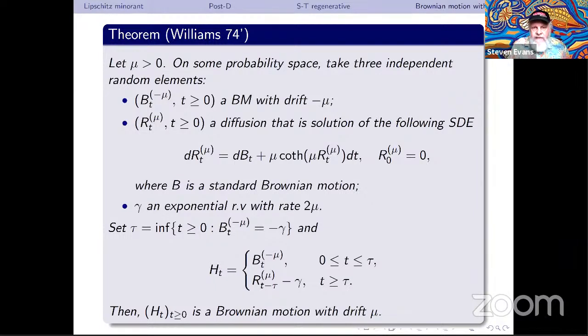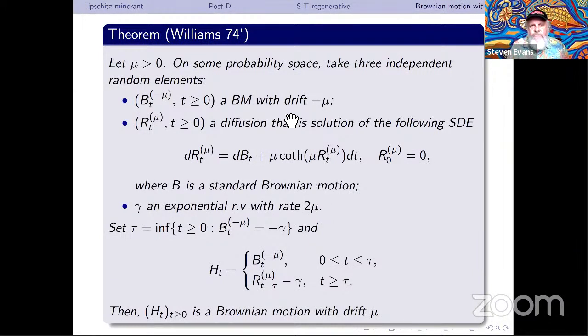The content of his path decomposition was that if you start the Brownian motion at zero, the height of the global minimum is minus gamma, where gamma is an exponential random variable with rate 2 mu.